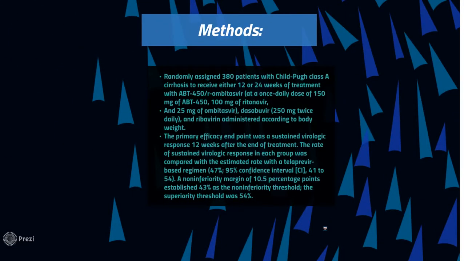Methods: randomly assign 380 patients with Child-Pugh class A cirrhosis to receive either 12 or 24 weeks of treatment with ABT-450, ombitasvir at a once daily dose of 150 mg of ABT-450, 100 mg of ritonavir, and 25 mg of ombitasvir, dasabuvir 250 mg twice daily, and ribavirin administered according to body weight.